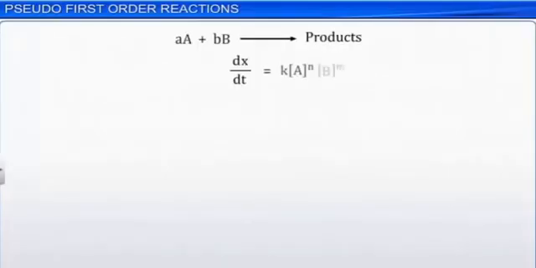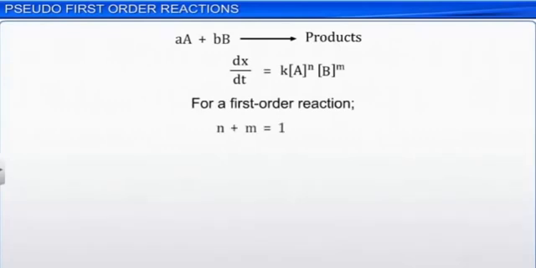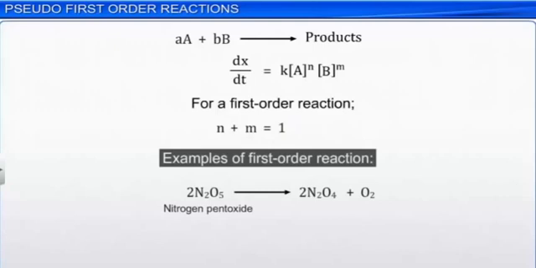You know that for a first-order reaction, the sum of the powers of the concentration terms in the rate law expression is equal to 1. The decomposition of nitrogen pentoxide and nitrous oxide are examples of first-order reactions.